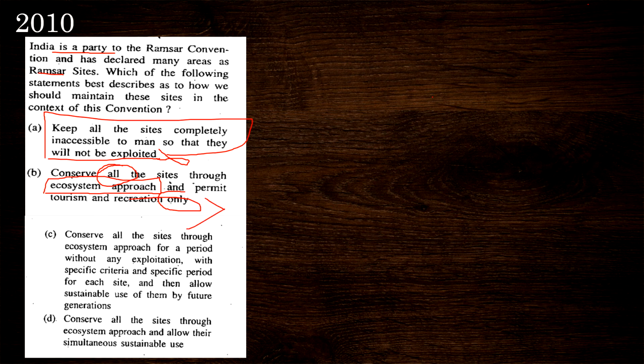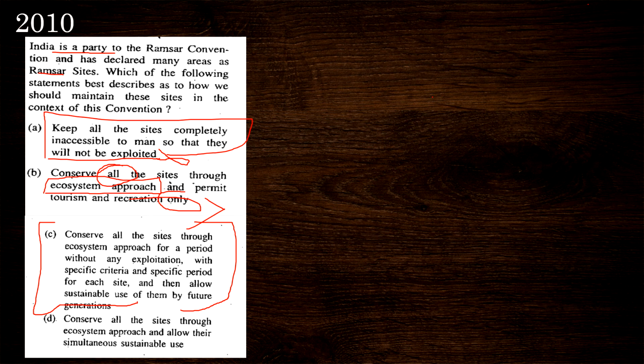Conserve all the sites through ecosystem approach for a period without any exploitation with a specific area and a specific period for each site, and then allow sustainable use of them by future generations. This is just a statement to confuse us. What is problematic here is that it is a very weird and ideal situation, which is not possible, that you remove the people first, then conserve, and then allow the people for sustainable use.